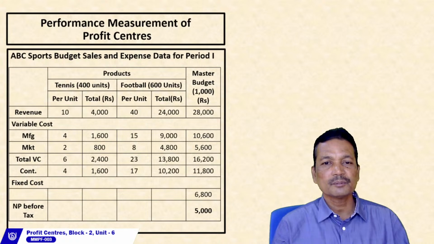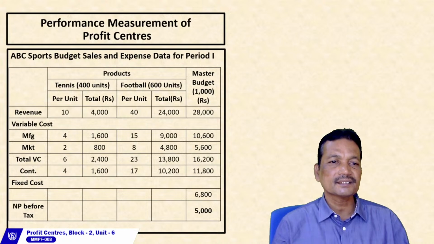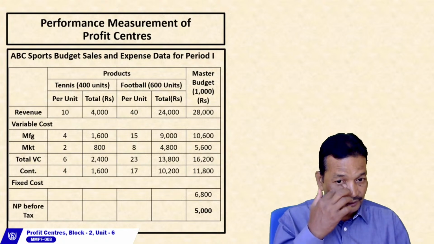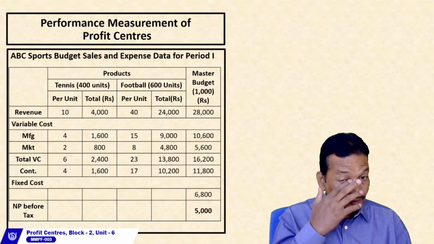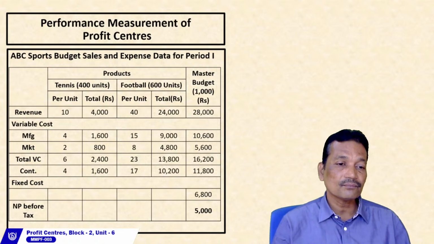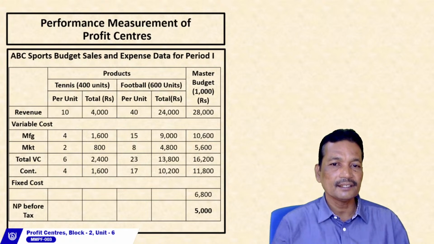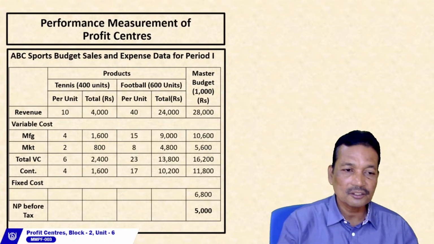Thereby the master budget is saying for 1000 units of tennis as well as football in 400 and 600 units each, the total contribution is 11,800. Now when we take out the total contribution from the total revenue, that is 28,000 minus 11,800, yes, we have got the revenue.